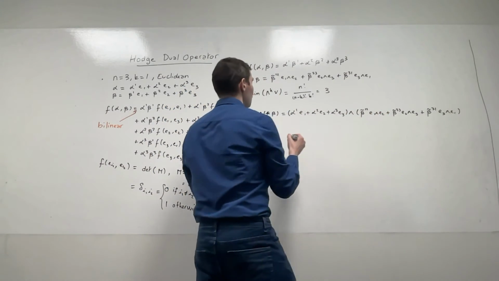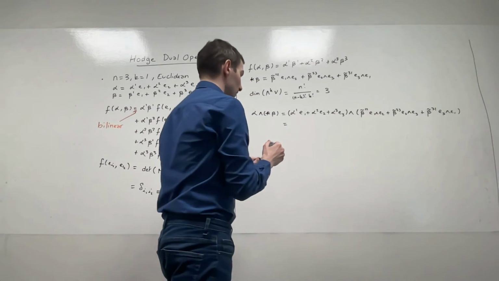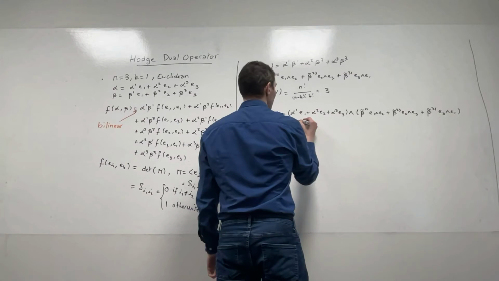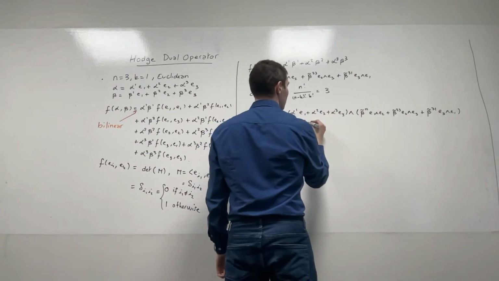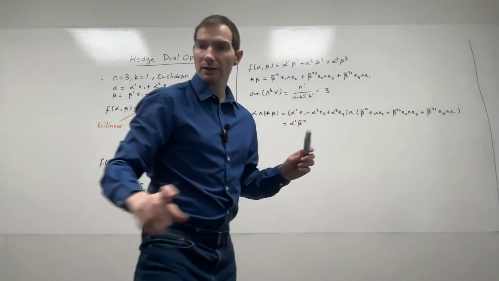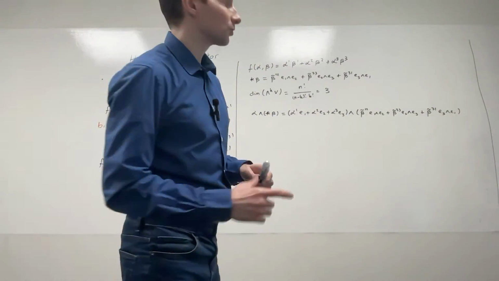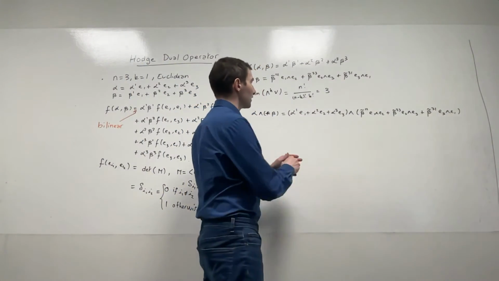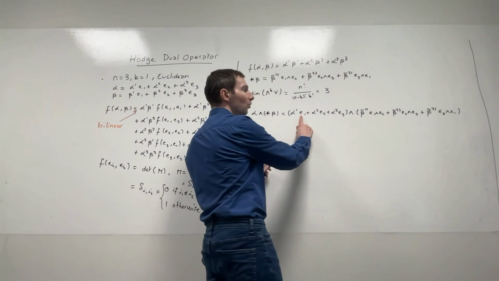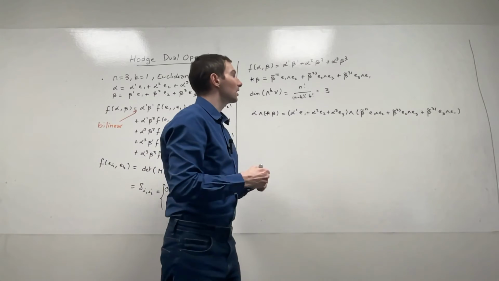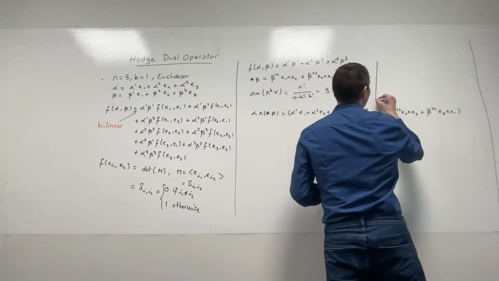And what I do after that is take the wedge product and distribute everywhere. So what I'm going to get here is alpha 1, beta tilde 1 2, and so on. There are some terms I'm not going to write, because notice that if I do e1 wedge e1, this is 0. That's part of the properties that I'm going to display here.